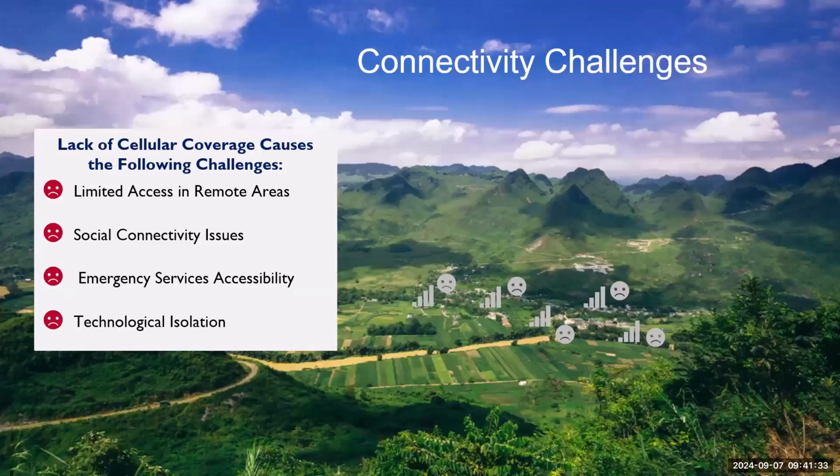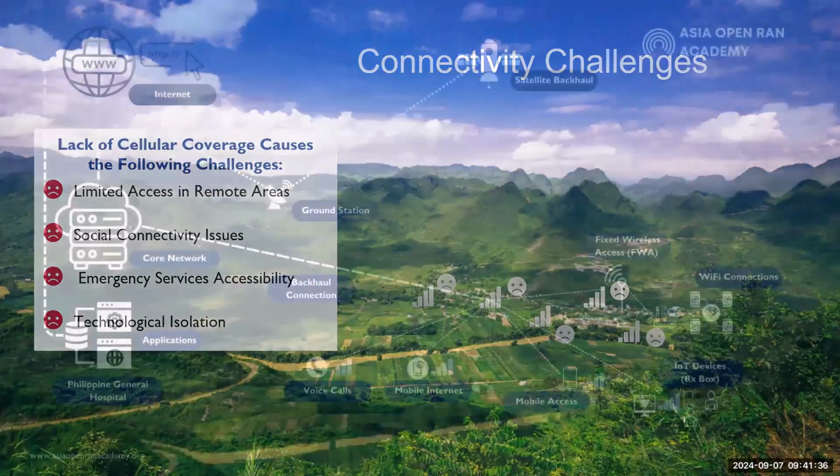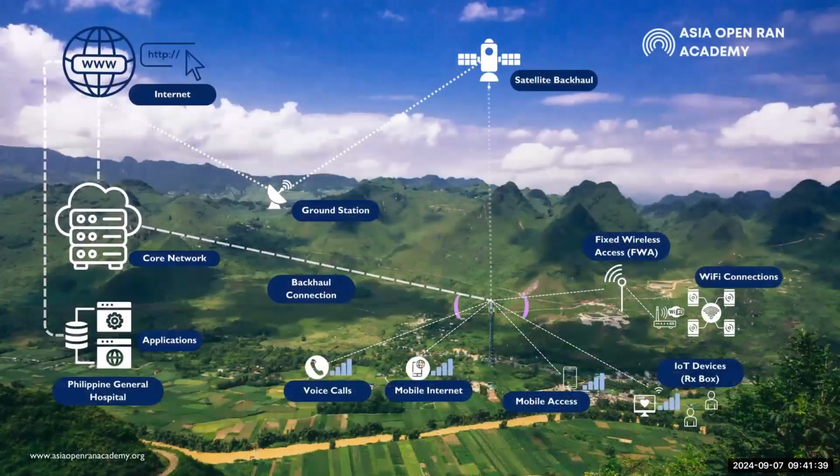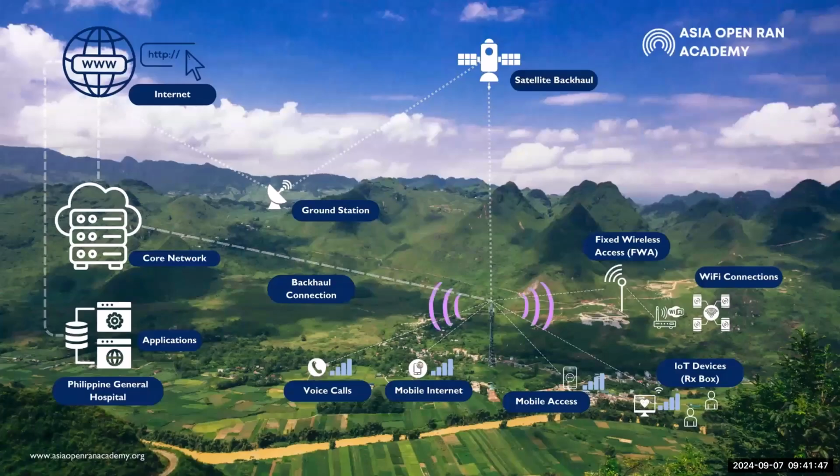So what do we want to do? We want to have connectivity that will improve access to healthcare, education, and economic opportunities. Remember, there's statistics that where there is no connectivity, there is poverty. Kung saan walang connectivity or walang internet, nandun ang kahirapan. If you have connectivity in a certain area, it will multiply the improvements sa healthcare.